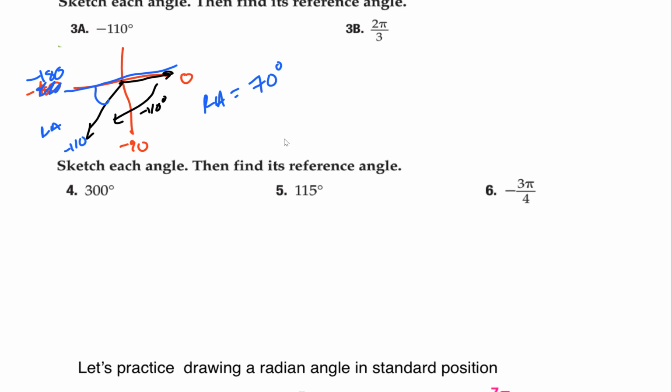Let's do a couple more. We'll find reference angles for degrees, and then we'll talk about how you do it in radians. So 300: 0, 180, 90, 270, 360. 300 should be in between these two somewhere. Again, I don't care as long as you draw it. So that's 300. The reference angle is this part right there. How far is it from the x-axis? These are 60 apart.